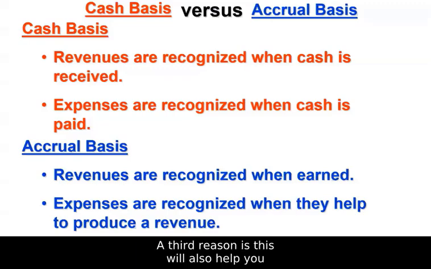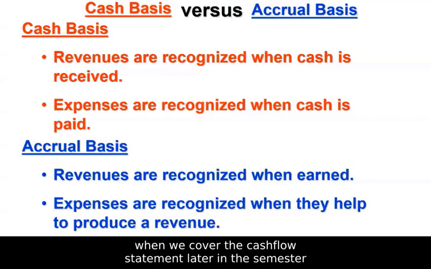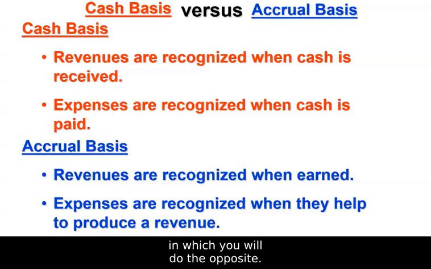A third reason is this will also help you when we cover the cash flow statement later in the semester, in which you will do the opposite. At that time, we will convert from accrual basis to cash basis.